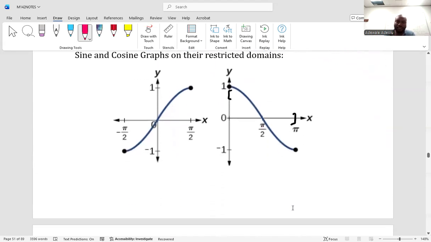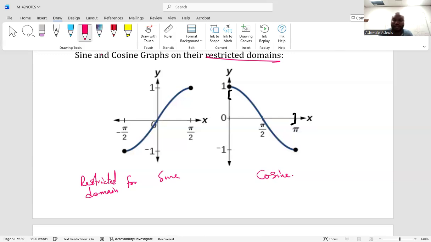So putting all this together, look at what we have. This is the restricted domain for sine, and for cosine. Now, guys, this is very easy to understand.